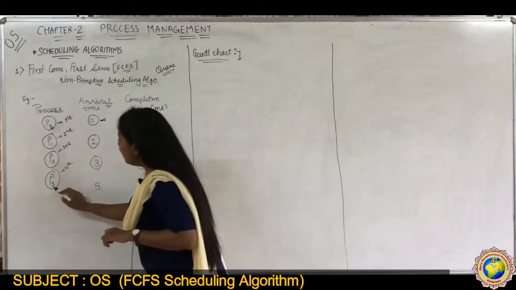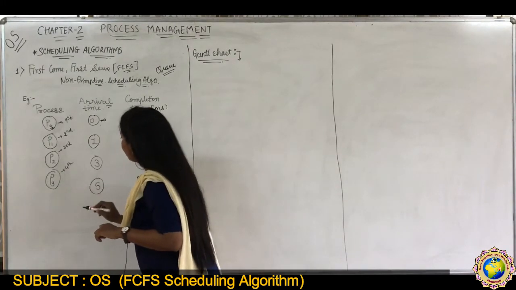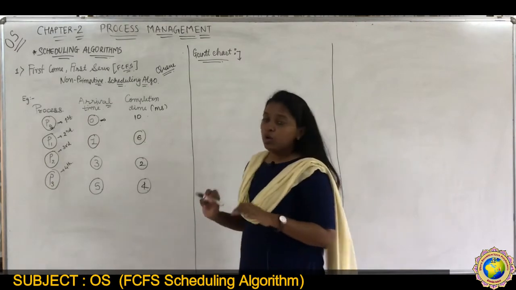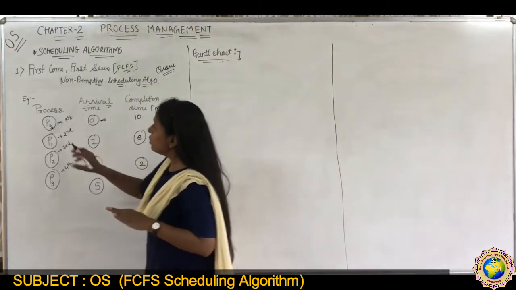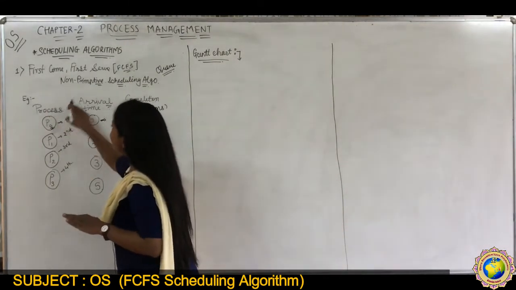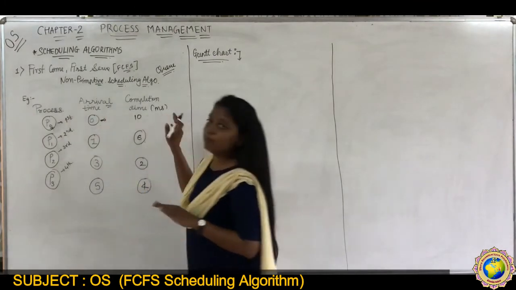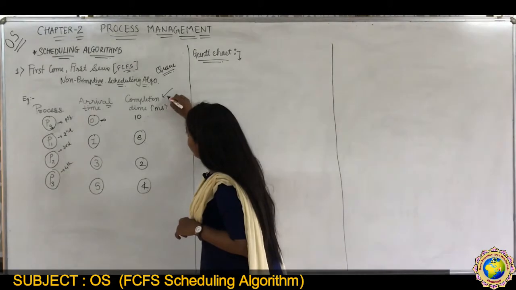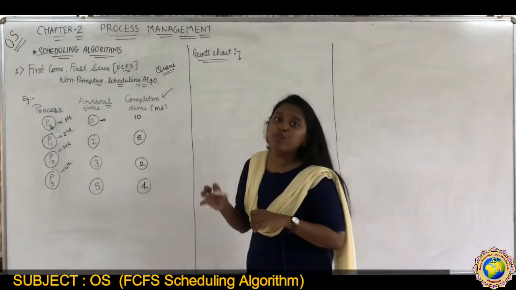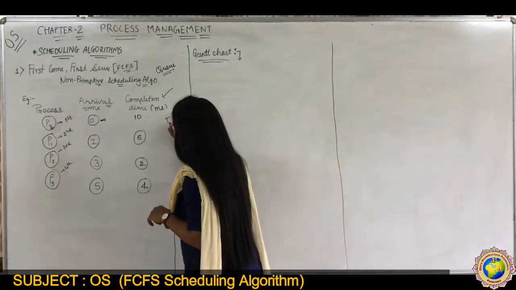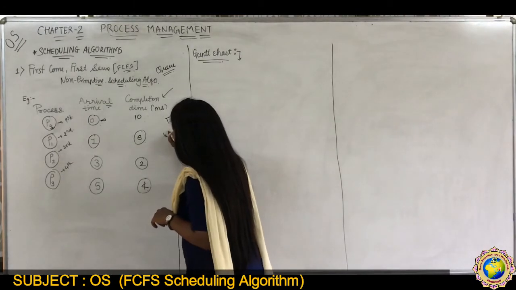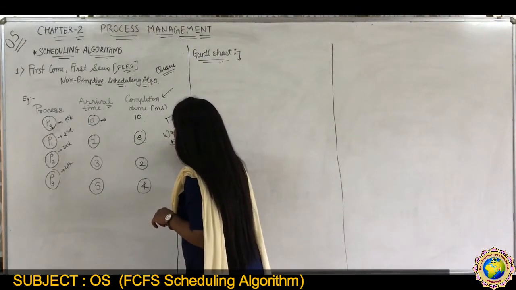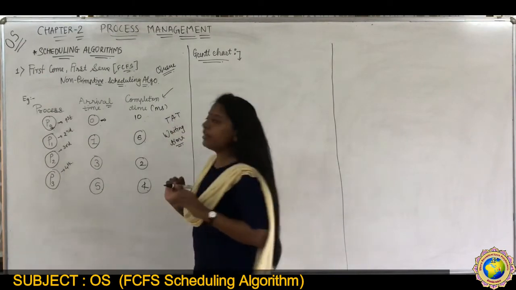P3 has arrival time 5 and completion time 4. These are in milliseconds. In the exam it will be given like this, and on the basis of this you have to find the turnaround time and waiting time.